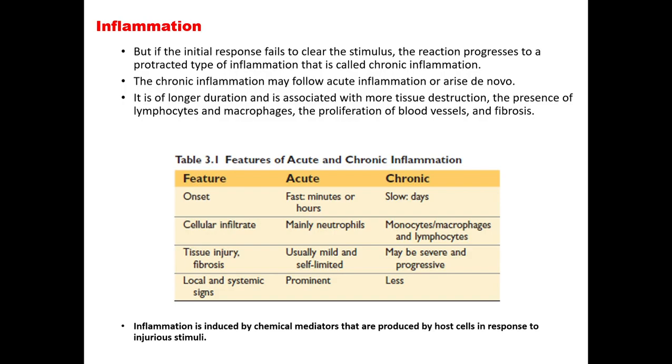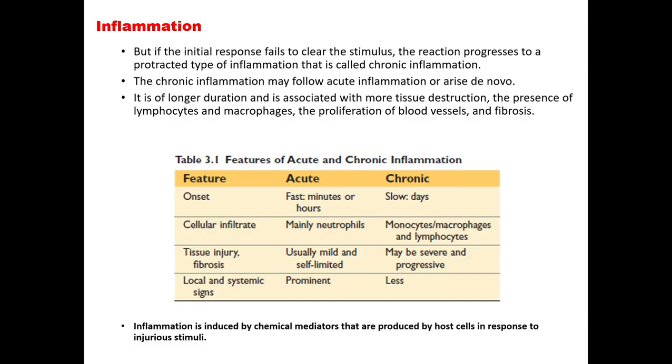Chronic inflammation may follow acute inflammation or arise de novo, meaning it originates from the beginning as chronic inflammation. It is of longer duration and associated with more tissue destruction, and the presence of lymphocytes and macrophages, proliferation of blood vessels, and fibrosis are its main criteria.